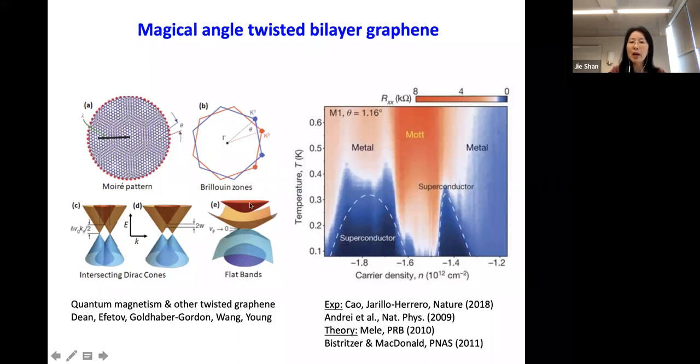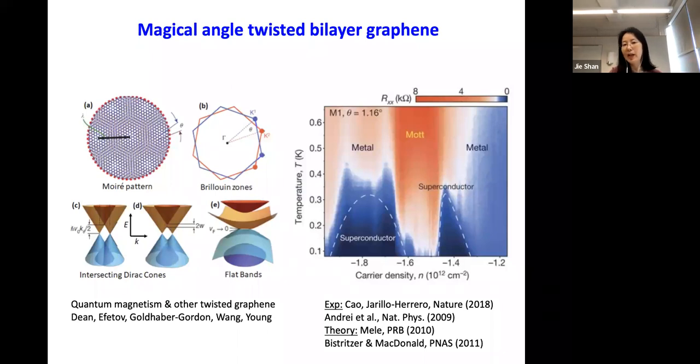So what's happening here is that if you put two sheets of monolayer graphene at this magic angle, around a 1 degree twist from each other, you have interlayer hopping and the interlayer hopping is sort of comparable to each other. And in that case, you get a flat band and correlation becomes important.